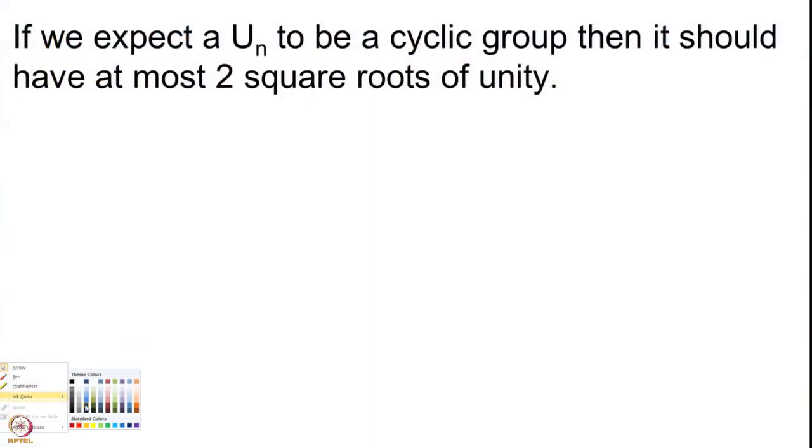However, when you are looking at a group Un and you wonder whether that is a cyclic group, we notice that in a cyclic group there are unique subgroups of any order which divides the order of the group.